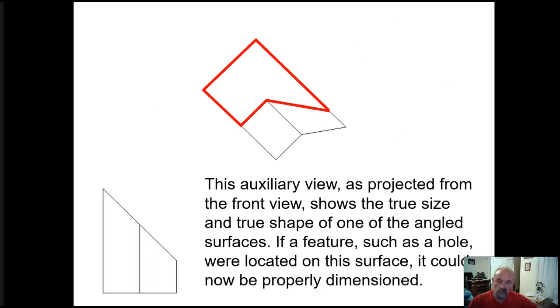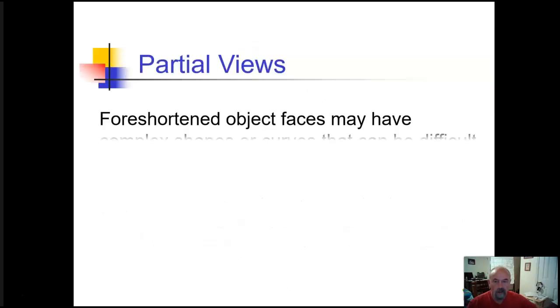So what you see in the red is the true perpendicular view of the surface, which is the one that we are concerned with for being able to measure and identify certain points on that, as if, we'll say, there was a hole there. And I would have put one in this PowerPoint had I created it.